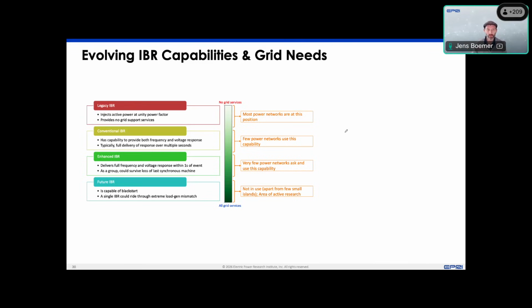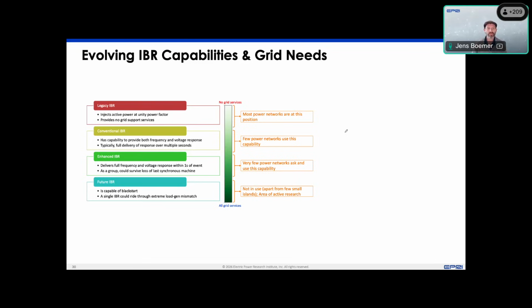And as a group, if you have a system with only IBRs that have that capability, that system might even survive the loss of the last synchronous machine, although there are phenomena that take place in much faster timeframes than 1 second. So not every system would survive the loss of the last synchronous machine if it only had enhanced IBRs.